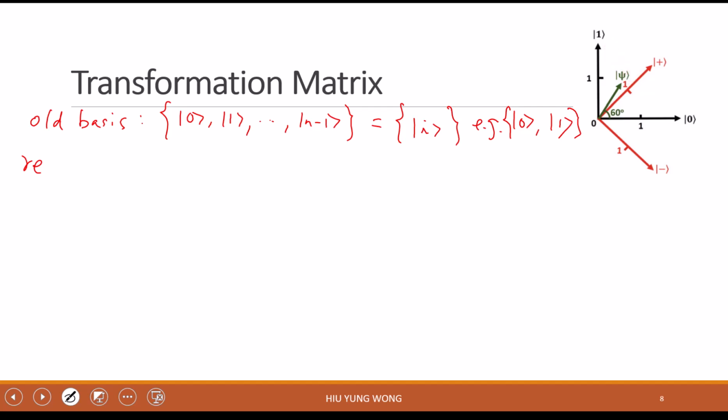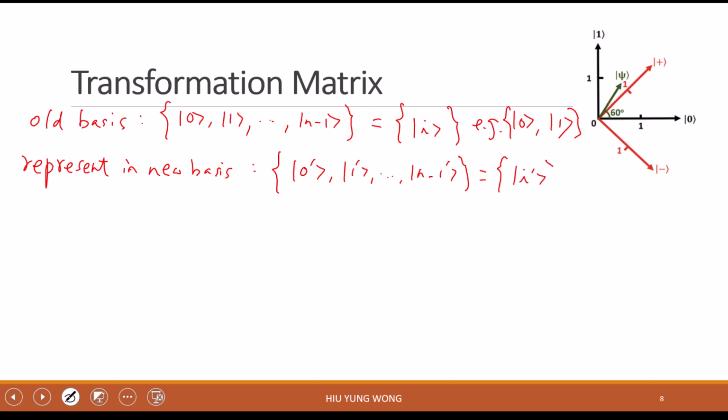I want to represent it in a new basis, which also has its own basis vectors, but I add the dash to it. It is still n-dimensional, but the name is just a label, now with a dash.